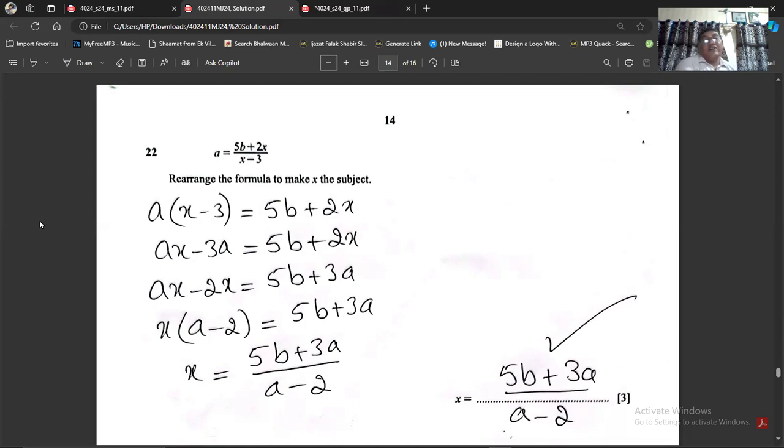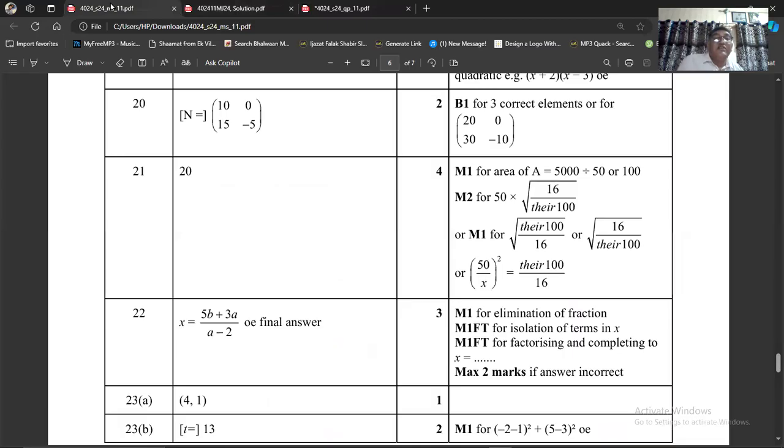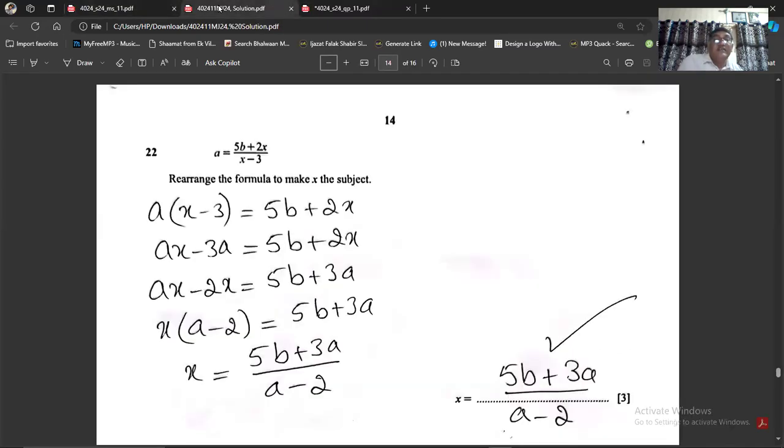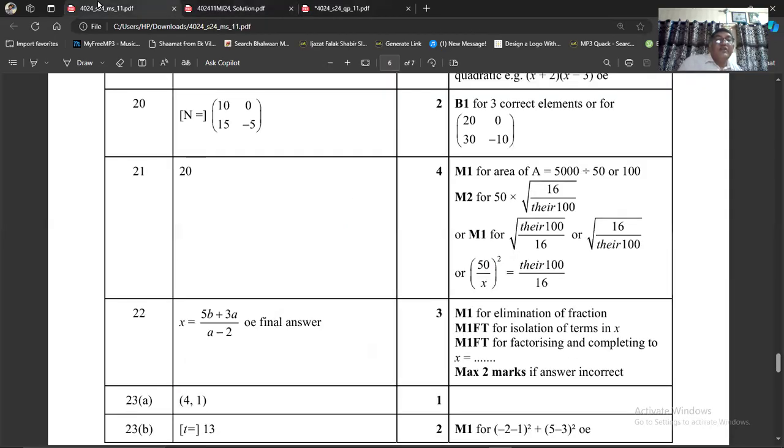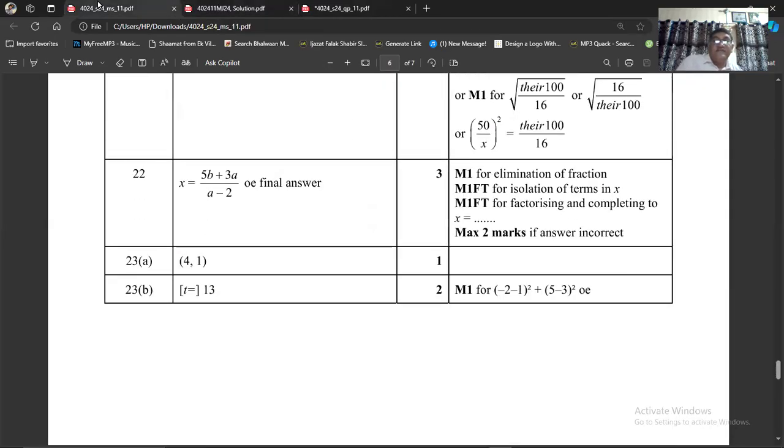Take x common, so x bracket A minus 2 bracket close equals 5B plus 3A. That bracket is multiplying with the x, so when it goes to the other side, it will divide. So you will have 5B plus 3A, the whole thing divided by A minus 2. This is how you make x the subject of the formula. That is the right answer, sir. This is our answer. Hopefully you understand.